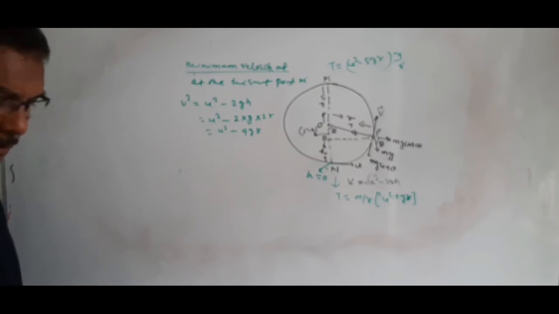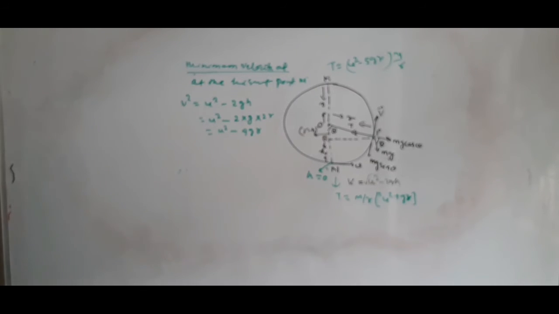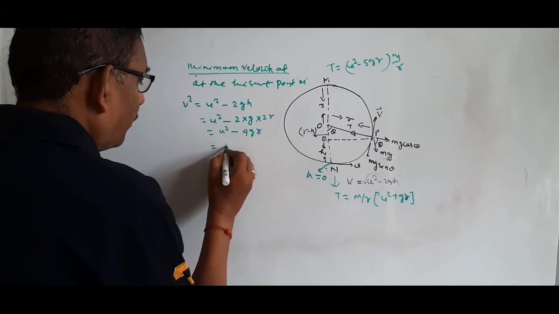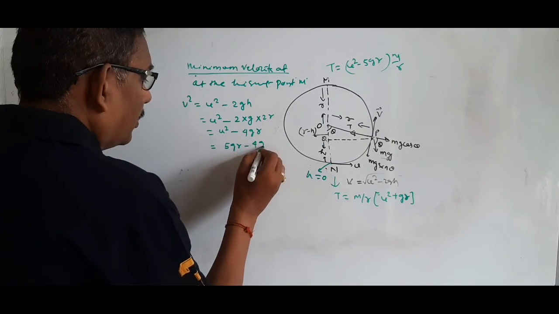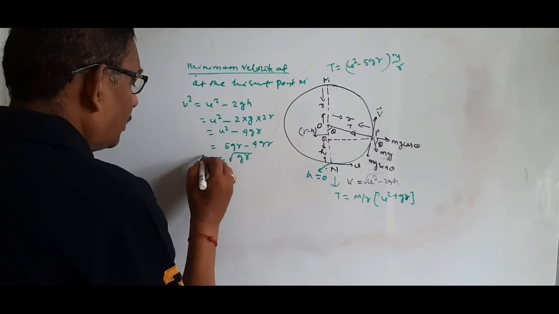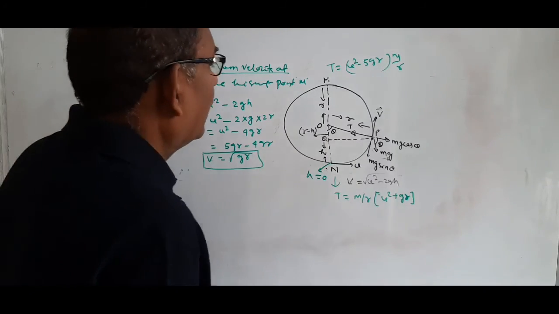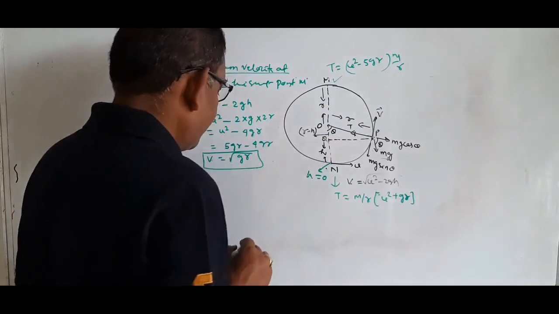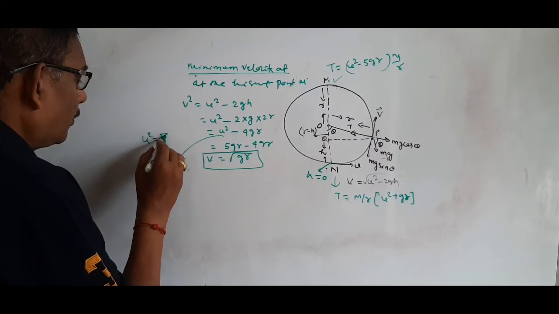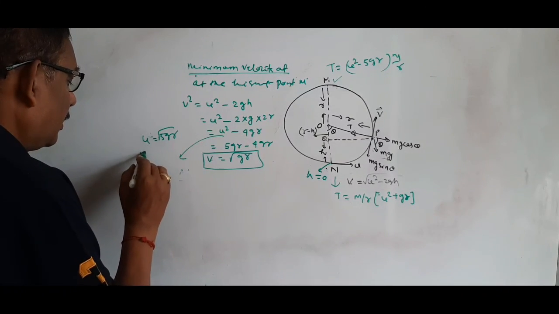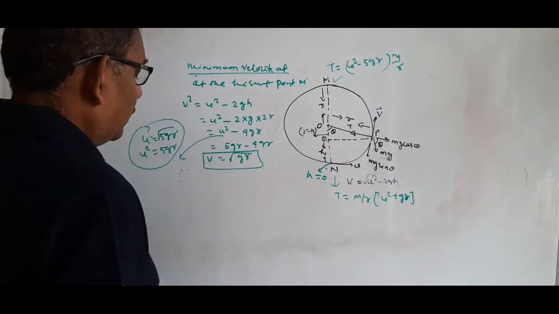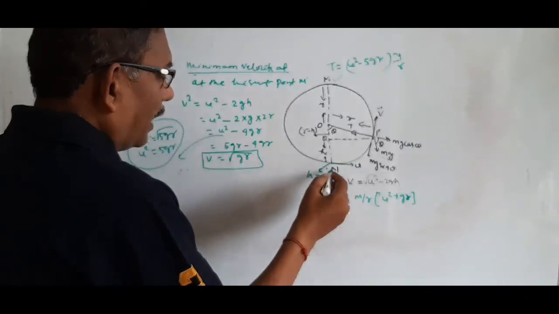Here u square equals 5gr, so v square is 5gr minus 4gr, that is gr, and v equals the square root of gr. So this is the minimum velocity at the highest point M. So these are the velocities at the lowest point N and the highest point M.